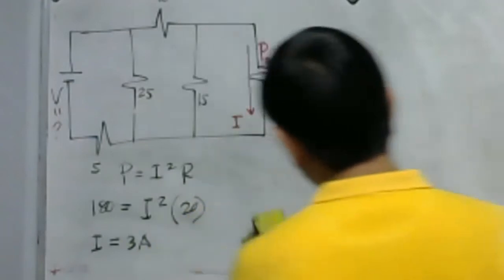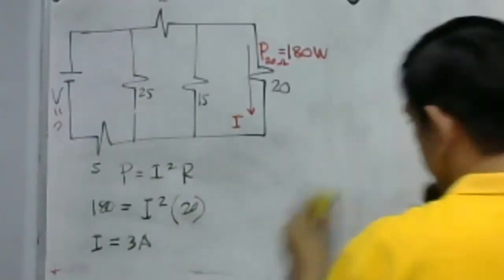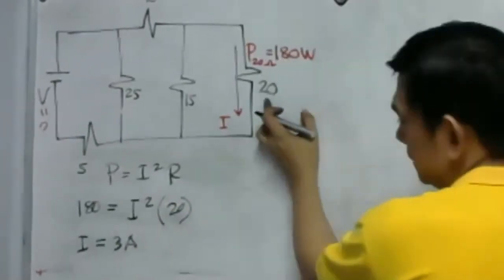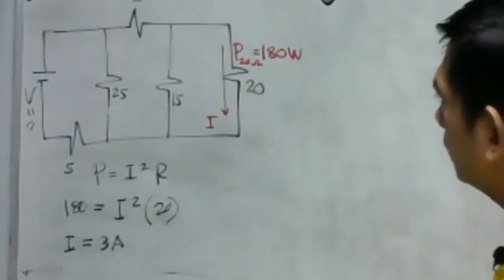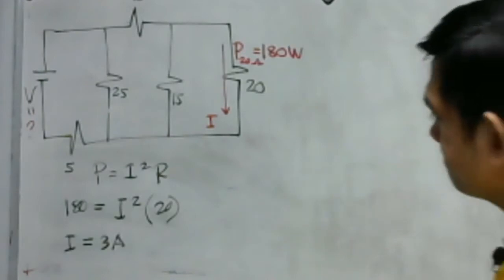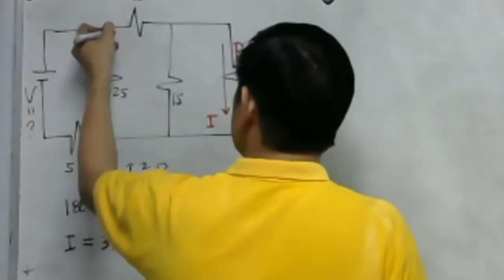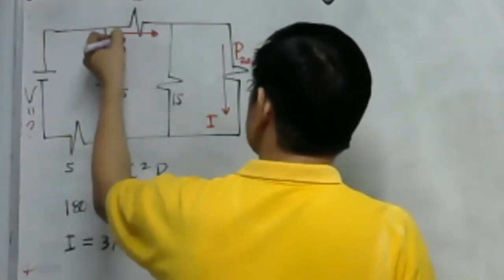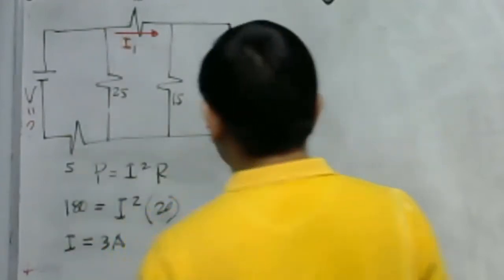We have a 3 ampere current flowing through our 20 ohm resistance here. That is our current I. Again, just like before, we have here a current. Let us represent this as I1.